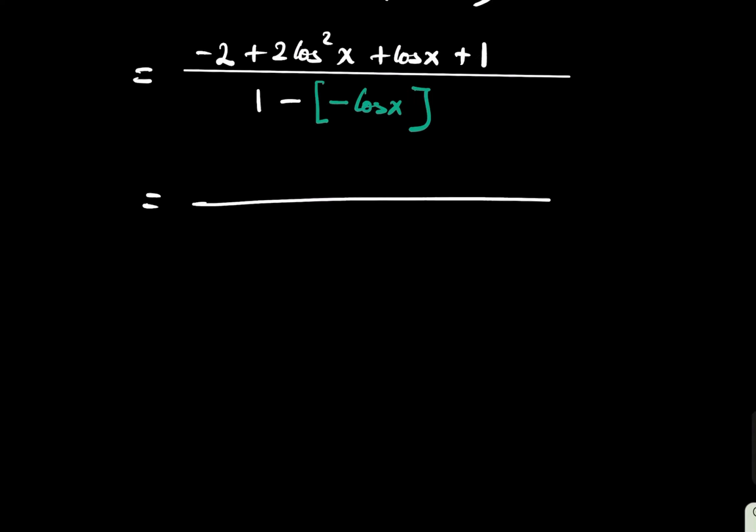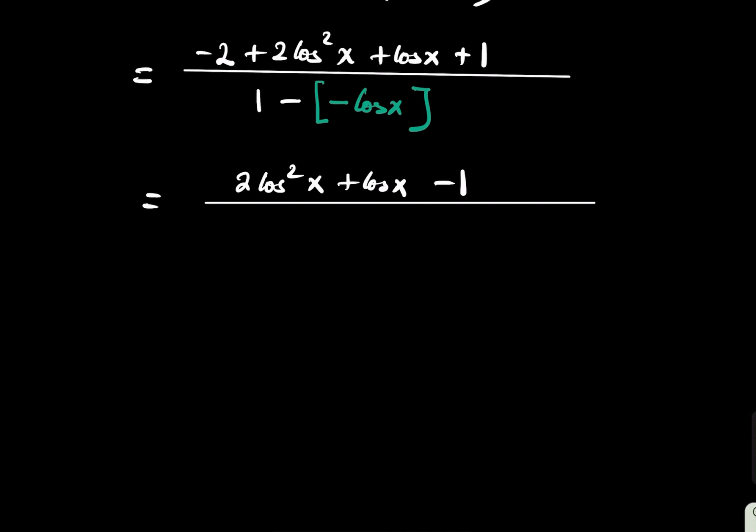Now, this is going to be equivalent to, I'm going to arrange it in order because in the numerator I see that I have a beautiful quadratic equation. So this is going to be twice cos squared of x, plus cos x, and the negative 1 plus 1 is primarily negative 1, divided by 1 plus cos x plus cos x there, just like that.